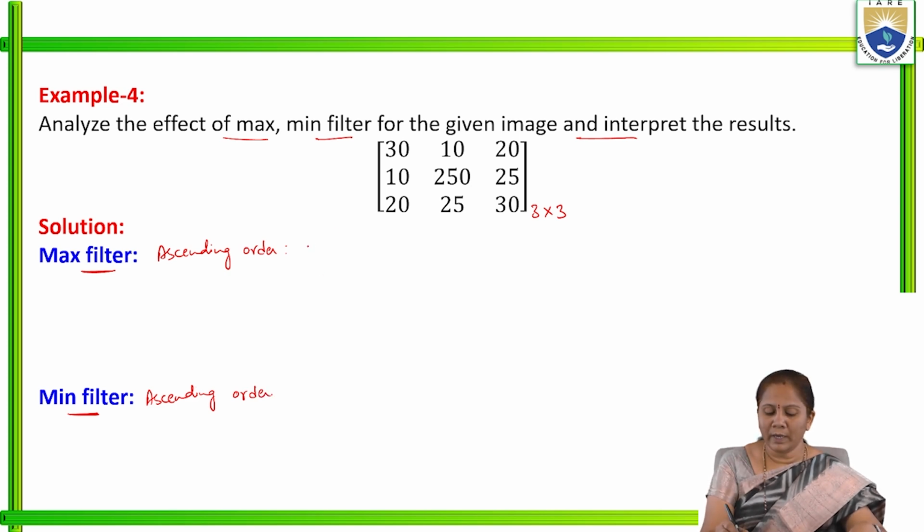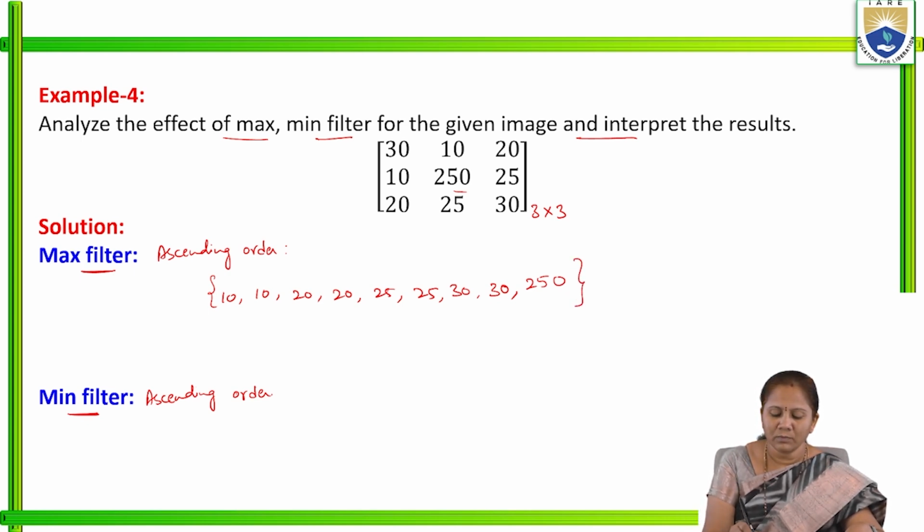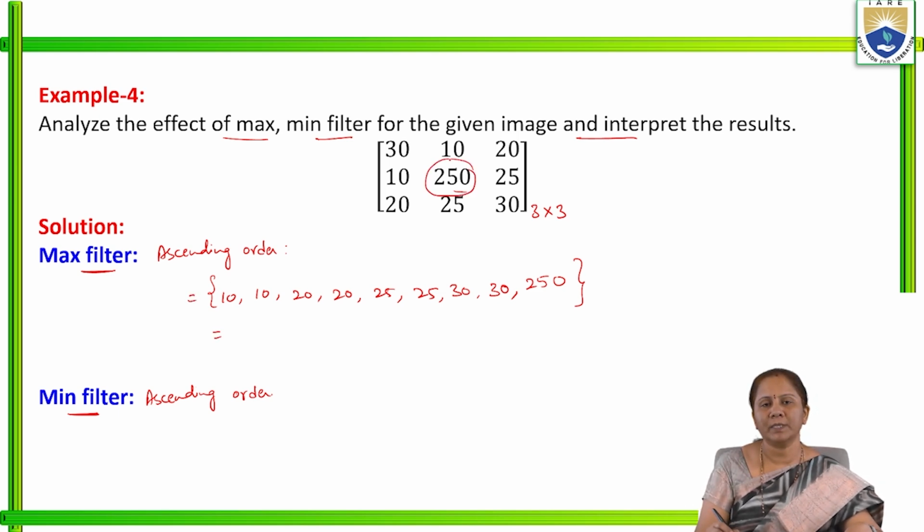If you arrange all the pixels in ascending order, we get 10, 10, 20, 20, 25, 25, 30, 30, and the maximum one here is 250. The pixel we are calculating is to replace the center pixel value.